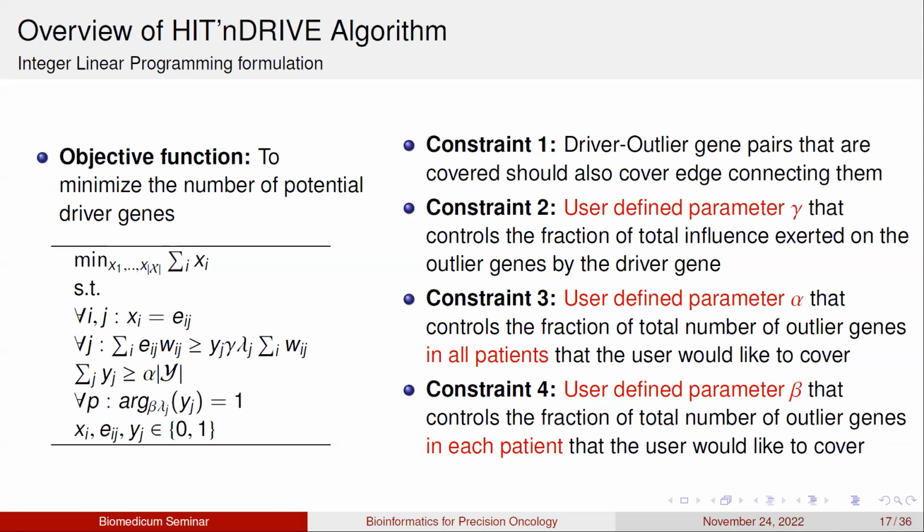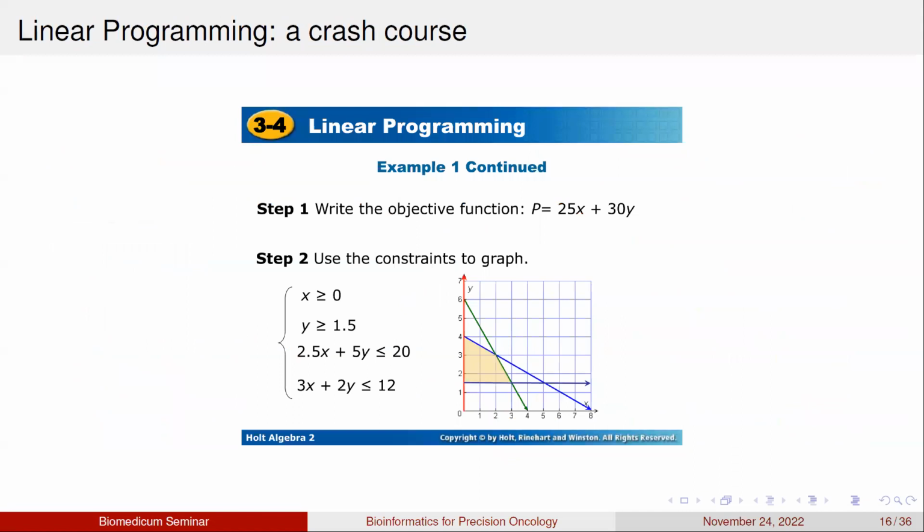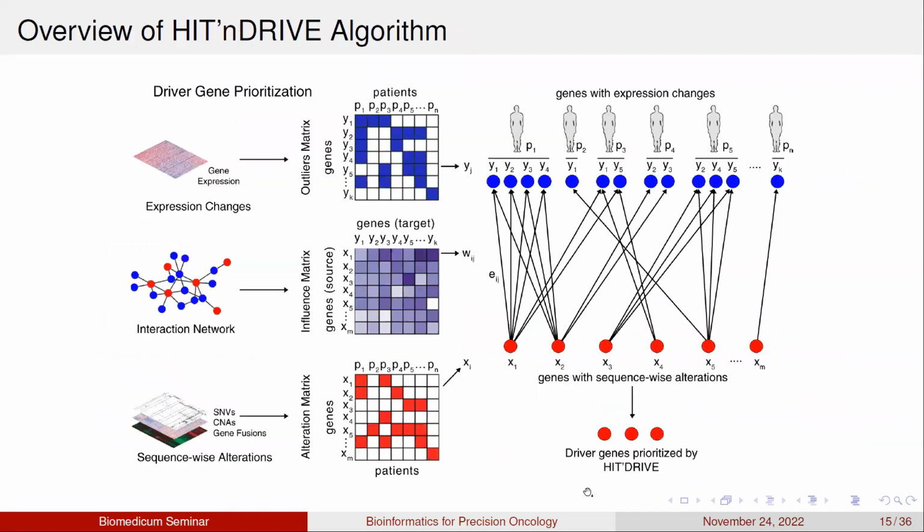So we will be generating millions to billions of equations, and we are solving those equations of straight lines to come up with a solution that identifies the smallest set of mutated genes that can have a maximum impact in changing the expression within those patients. And those genes are identified as the cancer driver genes.